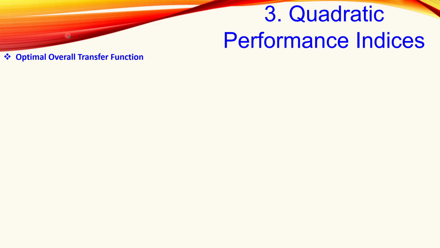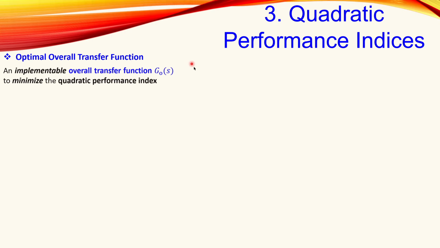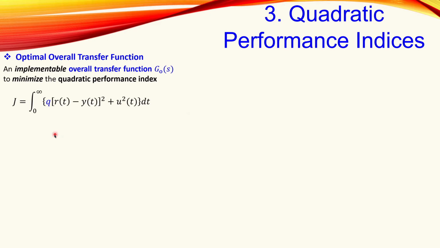Okay, the optimal transfer function. Now, it is the implementable overall transfer function, G0, to minimize the quadratic performance index. And this is the index, again, that we will use. The q, again, is a weighting factor, and also our actuating signal and also our error here.